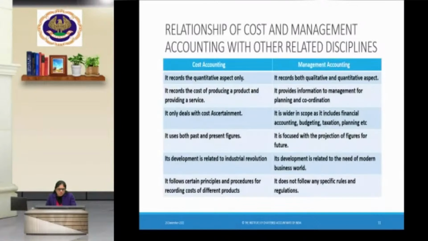Relationship of cost and management accounting with other disciplines. Now understand the relationship of cost accounting. We know financial accounting, we know financial management, we know management accounting. What exactly is the difference between them? Quickly we can understand this. Cost accounting records the quantitative aspect only. It just knows the figures, it just knows the cost. So cost has to be quantitative, right? And management accounting records both qualitative and quantitative aspects.